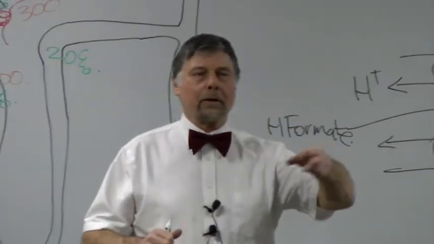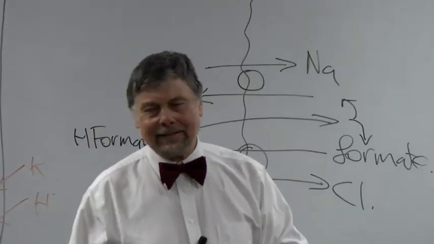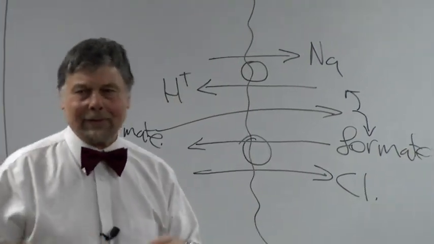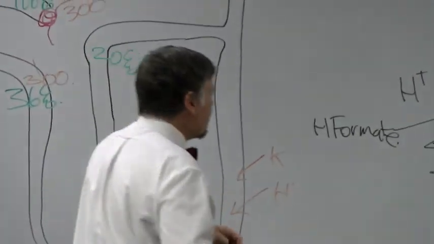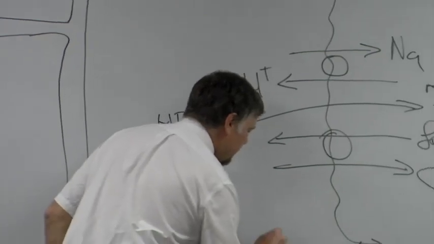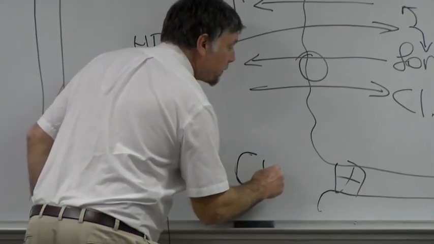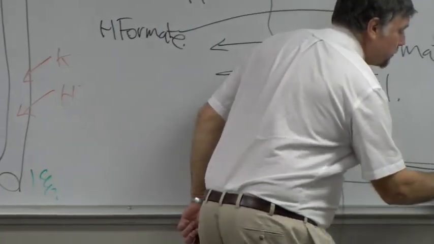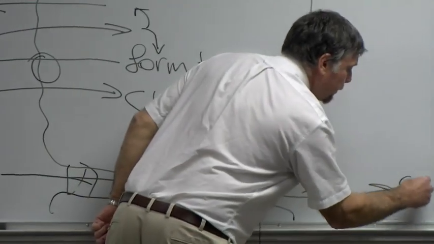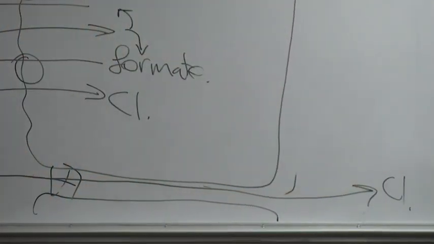Okay. And this is probably claudin 10. However, somebody asked me the question the other day. You don't need to know all the numbers, but I'll just tell you what they are. Claudin 10 actually moves chloride through the paracellular route. Okay?